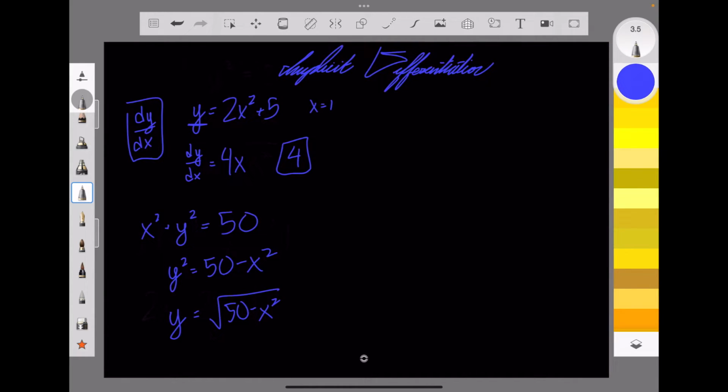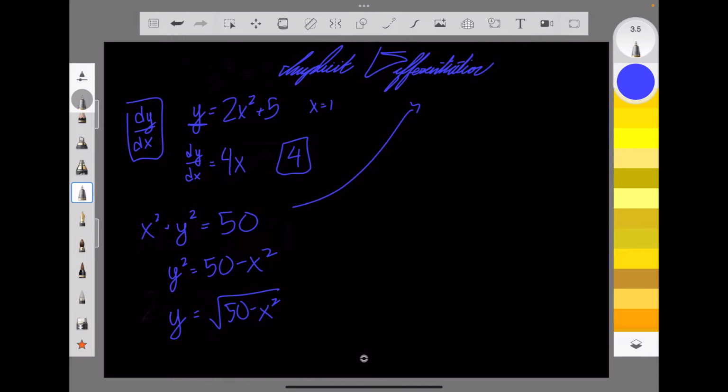And then I can take the derivative of this function and then plug in and whatnot. But as you can see, it's already a total mess. This is why we want to use implicit differentiation, because it allows us to solve for dy dx without solving for y first. That makes things a lot easier.